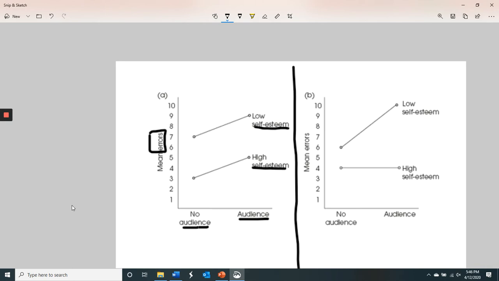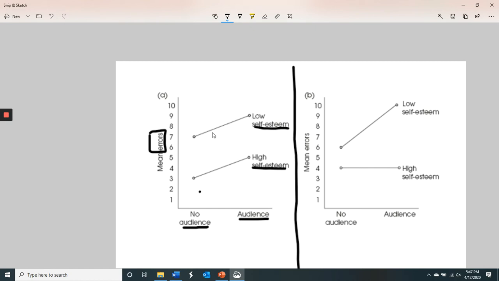So if we look at these data, for one, we can ask about the main effects. Is there a main effect for audience? I'd say so. We just look at the lines here. If we ignore self-esteem, just look at these lines. This line goes up, you make more mistakes. If you have high self-esteem, you're making more mistakes with the audience versus no audience. And if you're low self-esteem, you're doing the same.